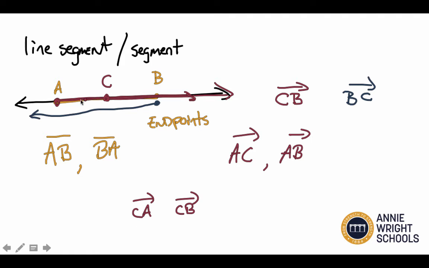CA starts at C, goes forever in the direction of A. CB starts at C, goes in the direction of B forever. Notice that those two rays form a line and they're pointing in opposite directions. These are called opposite rays.